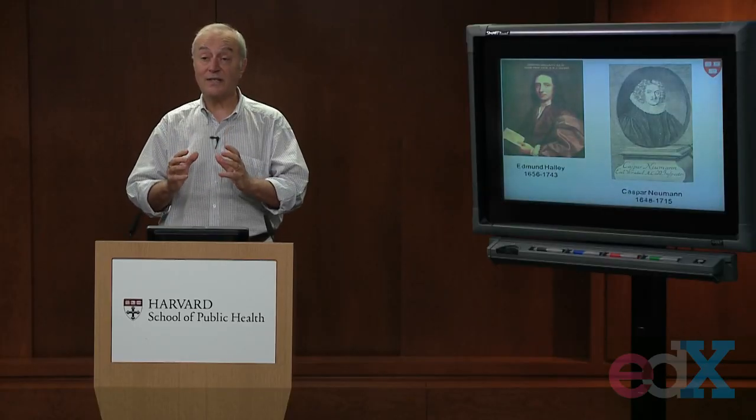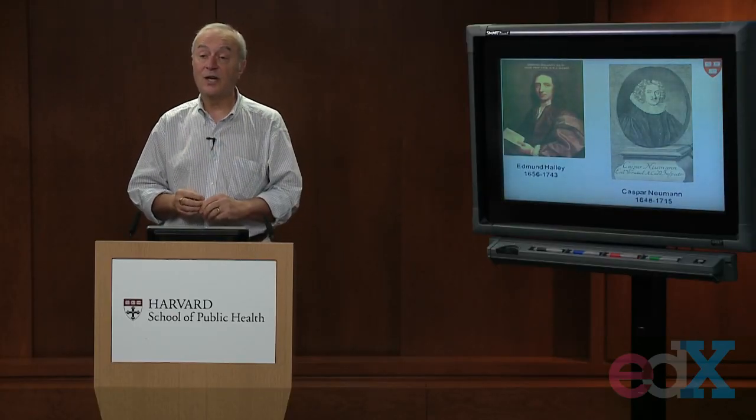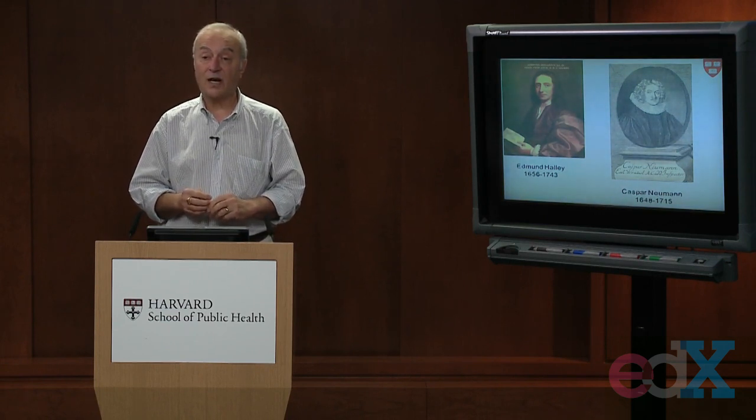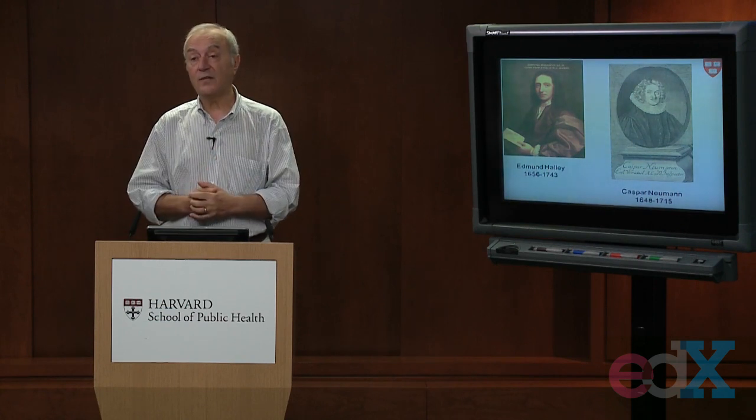He tested it, and he showed that astrology was nonsense. Fine, but now he had this fabulous data, 5 years worth of data from Breslau having to do with mortality. So they presented this data, the Royal Society, to Halley.